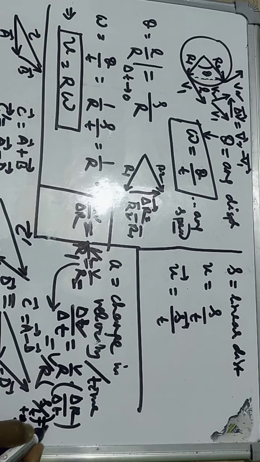Then this becomes v by r into v. This indicates a is equal to v into v by r, which is v square by r.